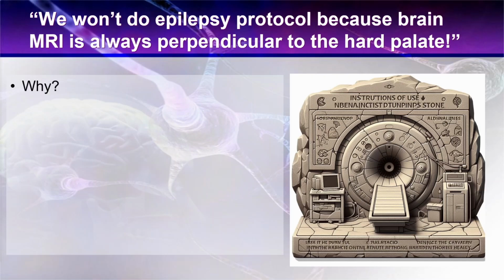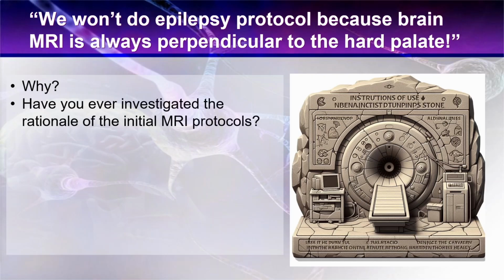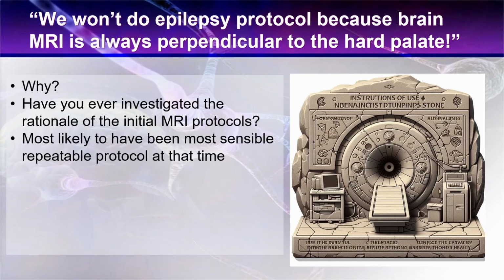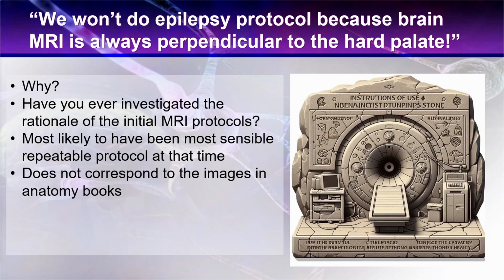Well, I would question why. Have you ever investigated the rationale of the initial MRI protocols? Because I think they are most likely to have been what was the most sensible, repeatable protocol at that time. It certainly doesn't correspond to the images in anatomy books.